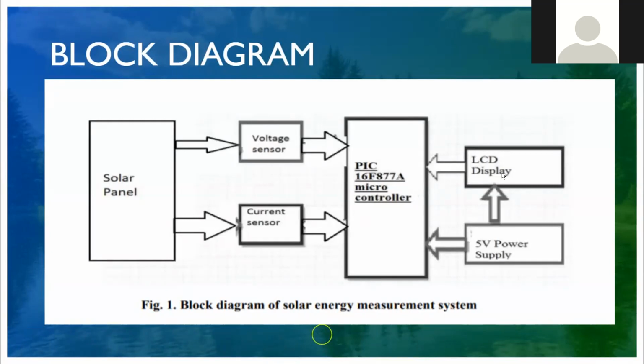Why are we going to use it? Because from the solar panel we should know how much voltage is being generated. Supposing in our house there is one solar panel we have kept. Without knowing how much energy or voltage it is giving us, we can't use it. So first we should know how much it is generating. For that reason we are using this concept. Next slide.